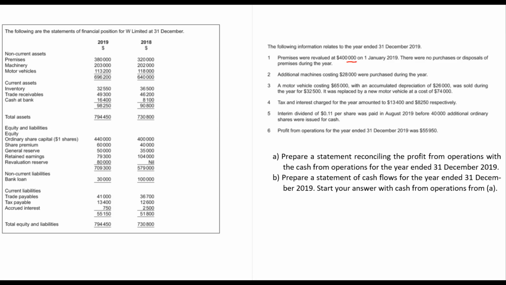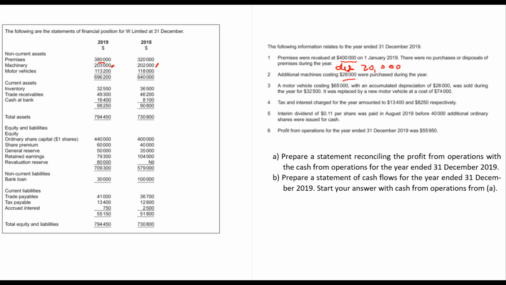At the beginning of the year, the value of the premises was $400,000, and at the end of the year, the value of the premises was only $380,000. That means that during the year, there was depreciation of $20,000 on your premises. Now, during the year, you have purchased machinery costing $28,000. But at the beginning of the year, the net book value of your machinery was $202,000.